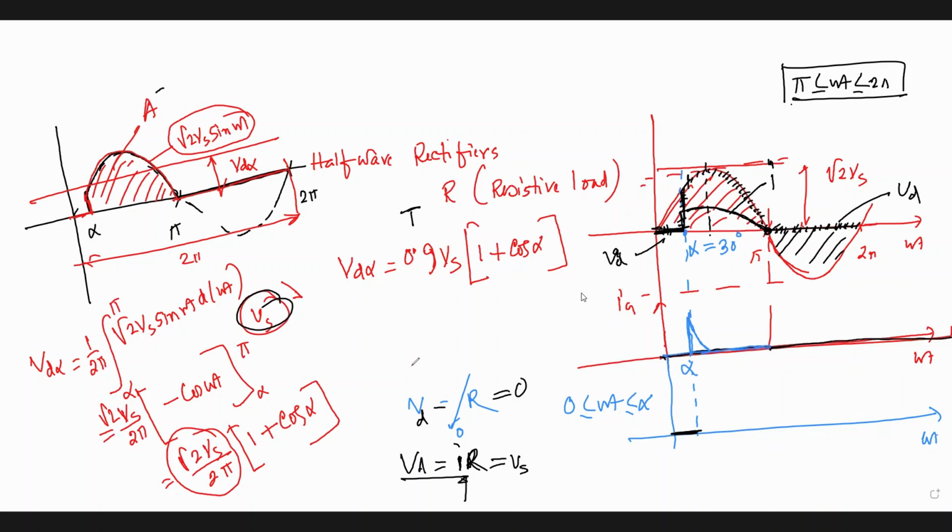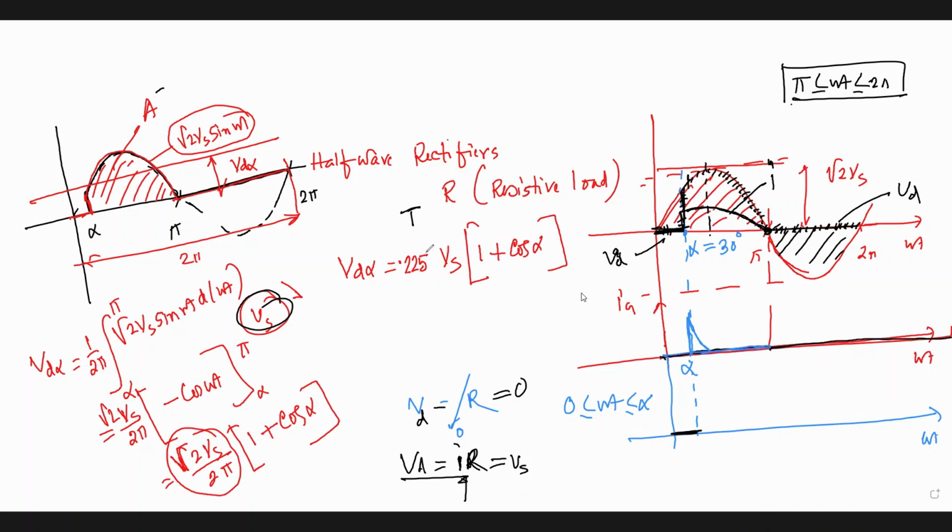Can anyone calculate root 2 by 2 pi? It's 0.225. Yes, sir. Okay, 0.225 Vs, this one. Okay, good.